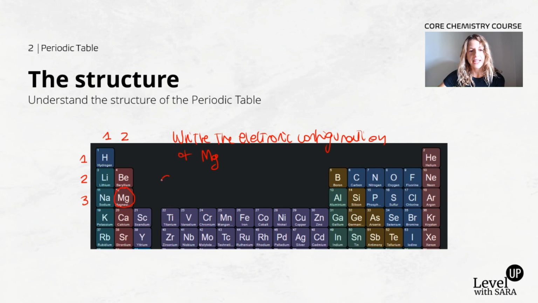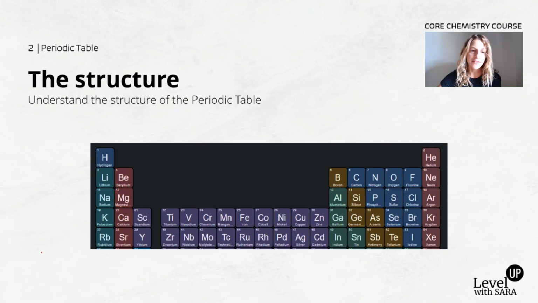So, 2 electrons in the first shell corresponds to the first period, 8 electrons in the second one because magnesium has a full third period, 2 electrons because it's in group 2. There we go. Things get just a little bit more complicated if we have ions. So we said magnesium has an electronic configuration of 2, 8, 2 because it's in group 2.